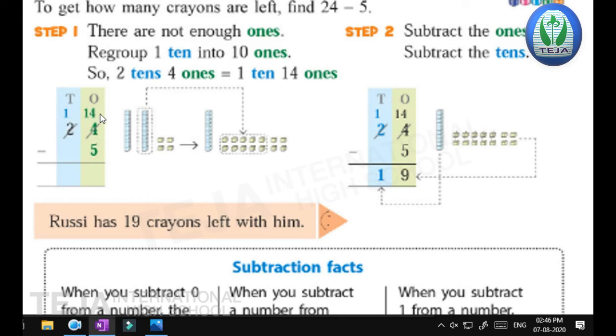So 10 ones plus 4 is 14. From 14 you have to subtract 5. The answer is 9. Okay. This is subtraction by regrouping. Now total how many crayons are left with Rishi? 19 crayons.